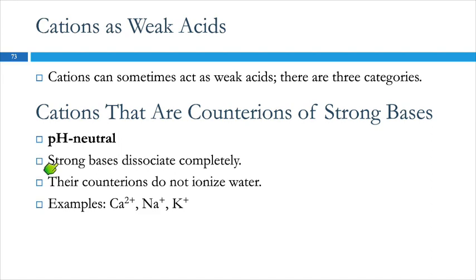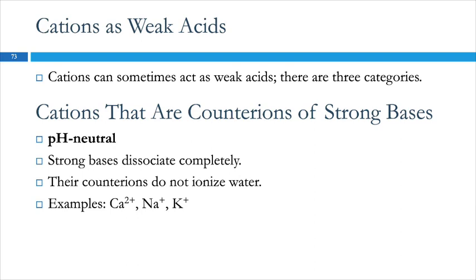Strong bases dissociate completely, so their counter ions, the cations we're talking about here, are not going to ionize water. Examples would be calcium, sodium, potassium. Counter ions of strong bases.